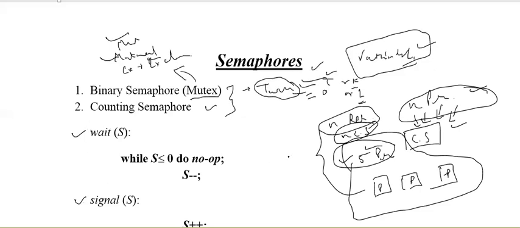Wait will be my entry section. Then there is the critical section definitely, and at the exit section, I have signal. So if I want to share any kind of resource, I have one wait and one signal.